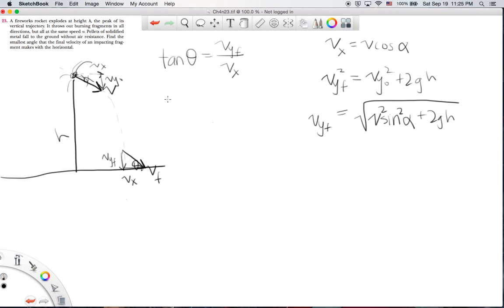So right now we have that theta equals the inverse tangent of the square root of v squared sine squared alpha plus 2gh, over v cosine alpha.